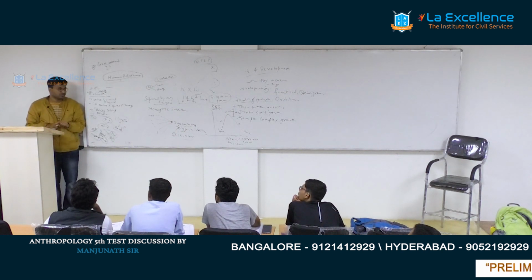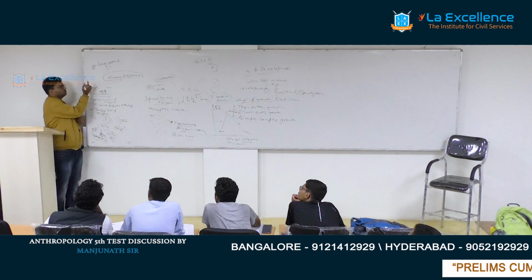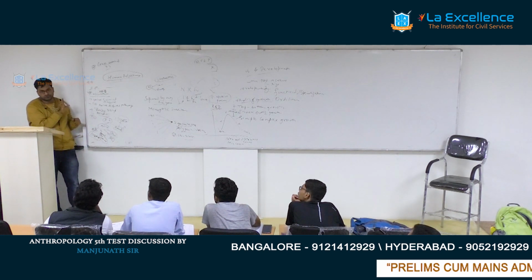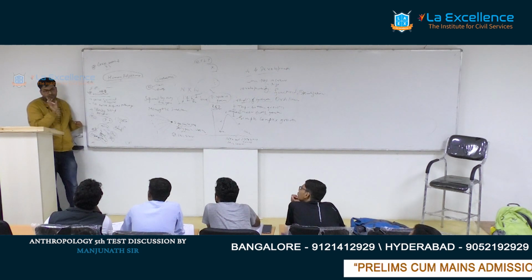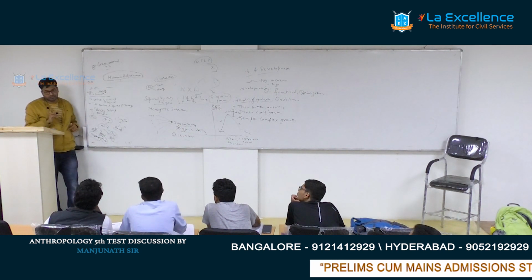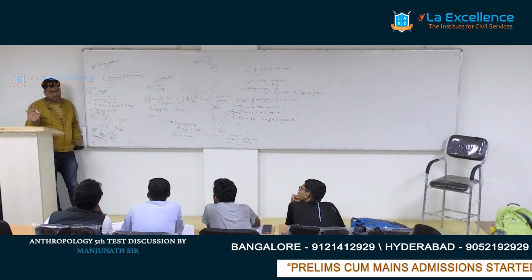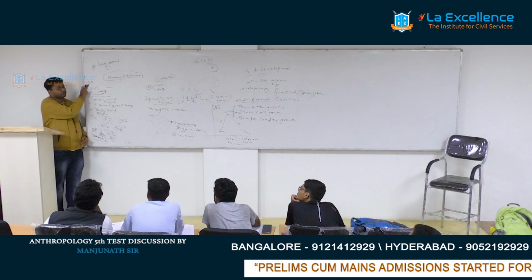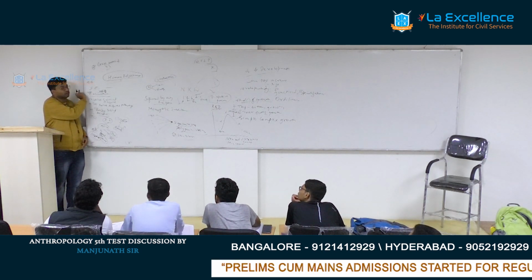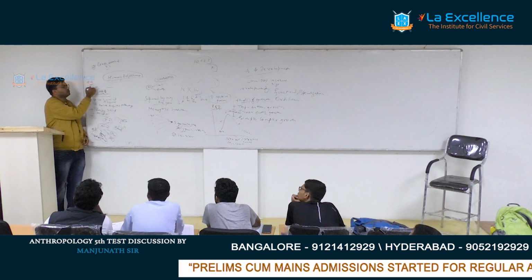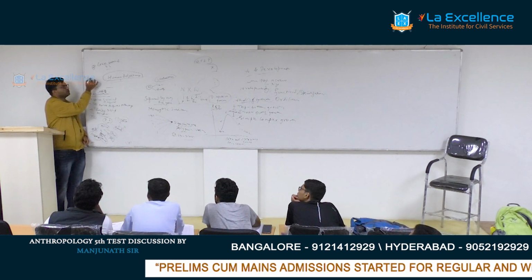And just always remember, if you leave one 10-marker question, you're leaving 100 vacancies. You're dropping 100 ranks, because for every 1 mark there are 10 people. So a 10-mark question, you're leaving 100 ranks. A 15-mark question, you're leaving 150 ranks. A 20-marker, you're leaving 200 ranks.